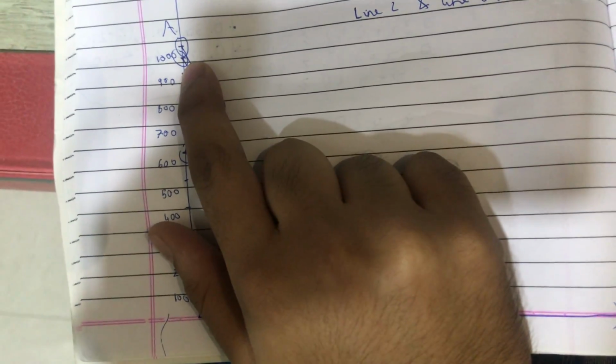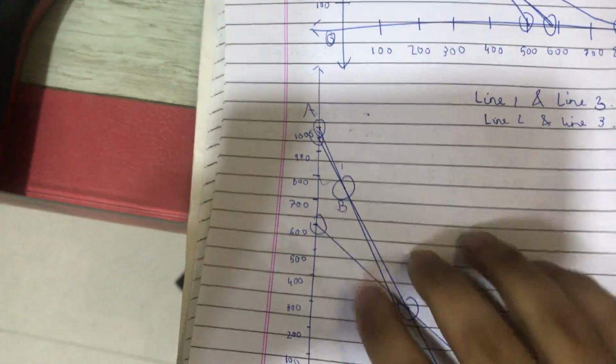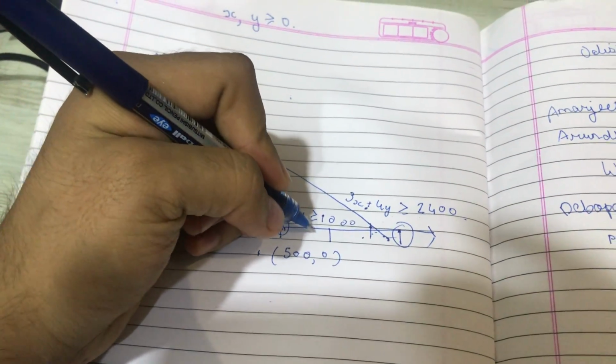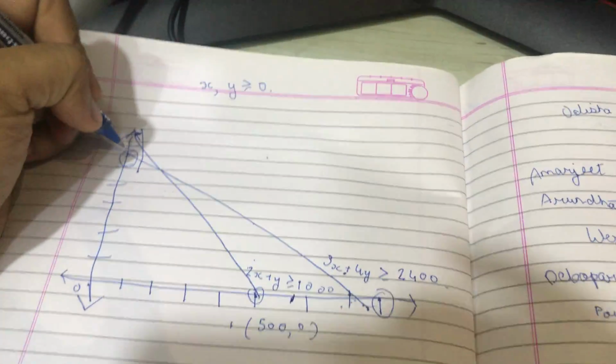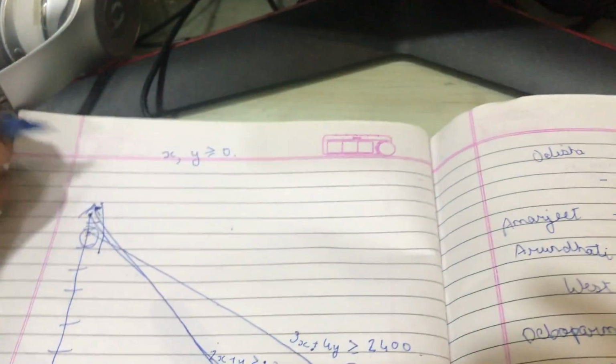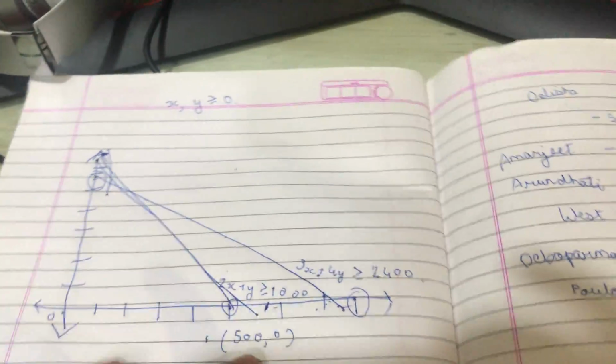I've calculated it somewhere here. I don't know where, but I've calculated around 966 and then 570 approximately. So you just go here and let's say here and here somewhere. Okay. So that's how we drew the lines.